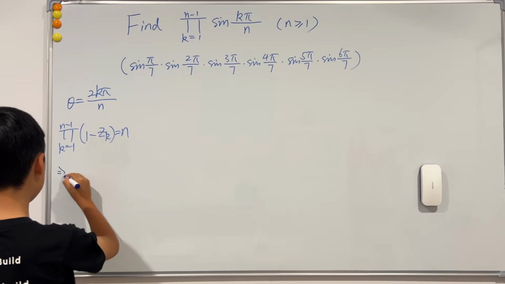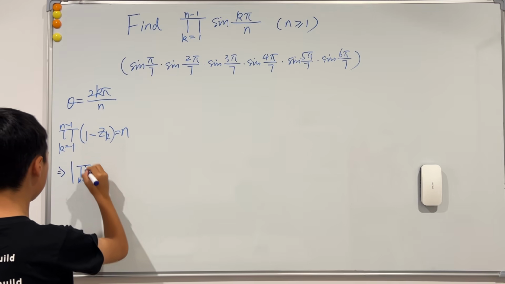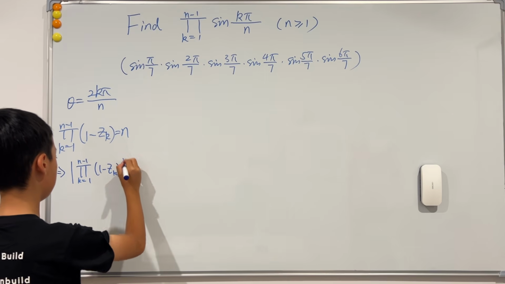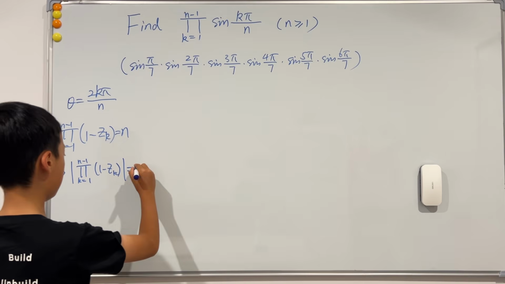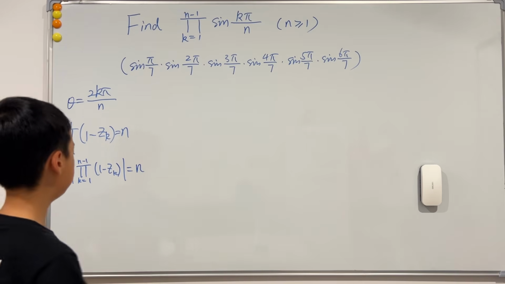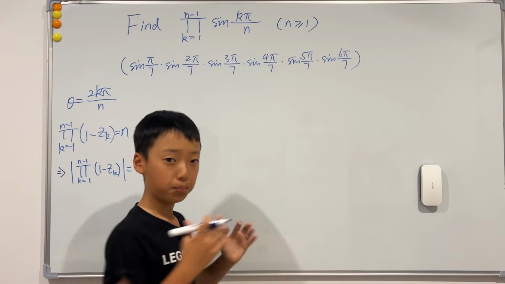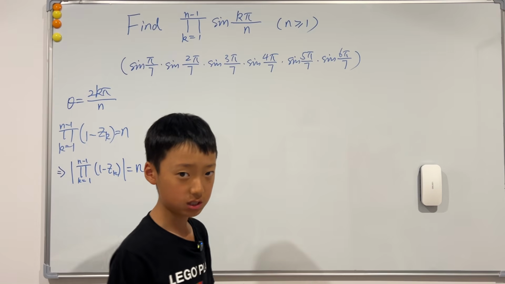So the modulus of this is equal to the modulus of n, and we don't need the modulus because n is always positive, right? Now, the modulus of a product is the same as the product of the modulus.